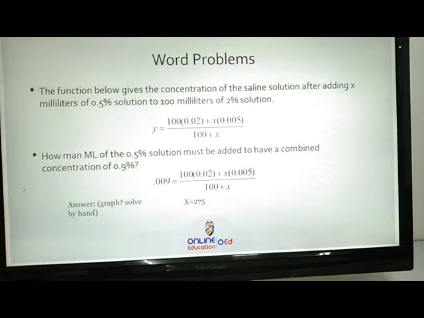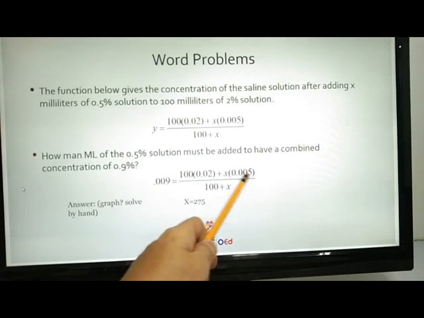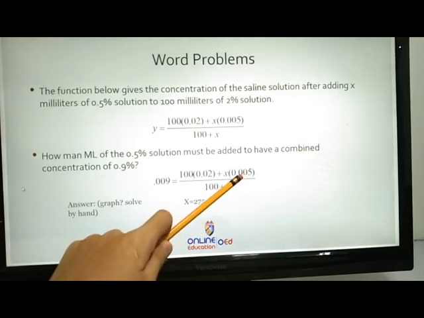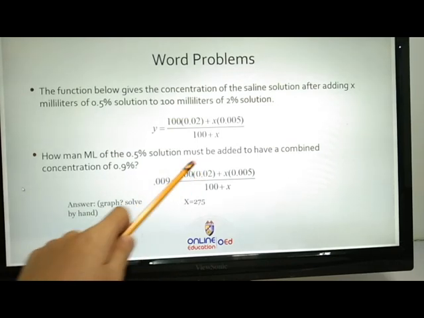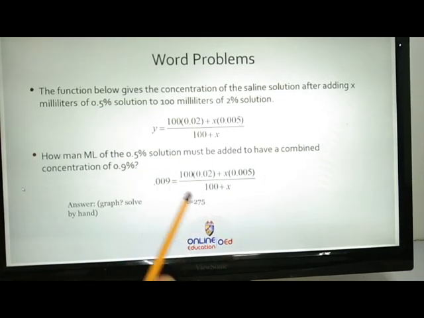Kailangan mong hanapin kung ilang milliliters ng 0.5%, yung dapat mong i-add sa 100 milliliters ng 0.02. So, if you are going to compute for that using calculator, the answer is x is equal to 275.